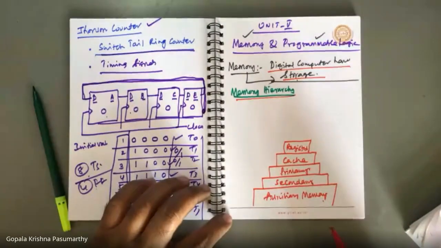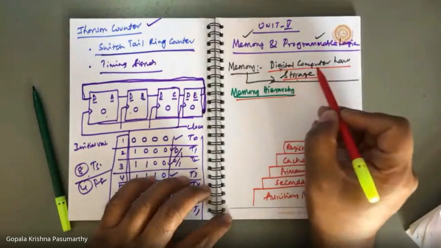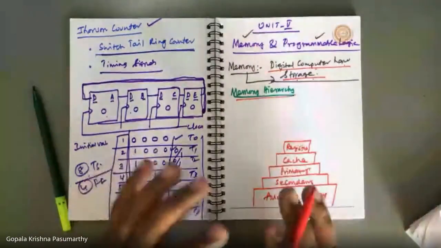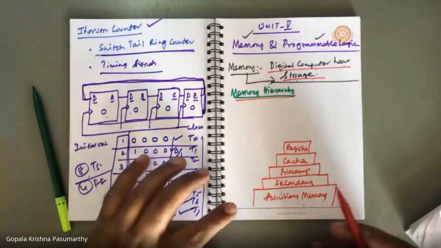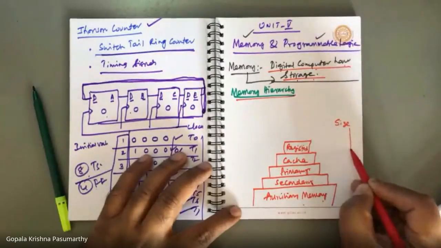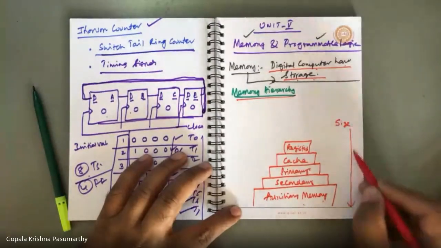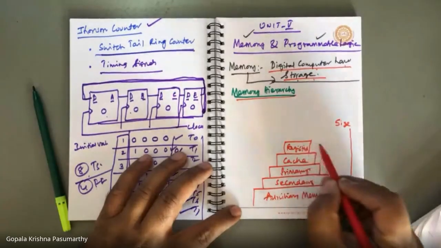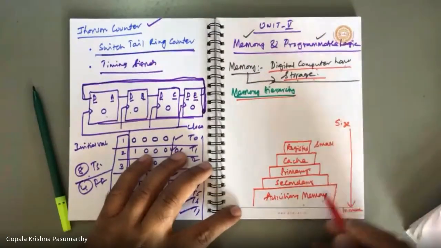Why all types? Why can't we make the digital computer storage made up of only auxiliary memory, or only registers, or only primary memory? Because there are a lot of issues here. For example, if you look at the size from top to bottom, the size increases. Means registers are the smallest devices.